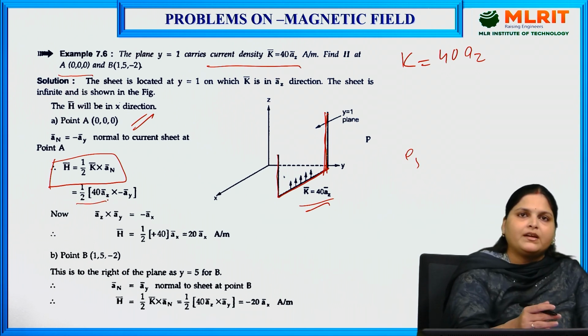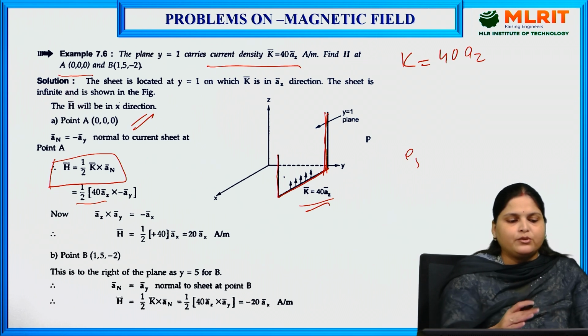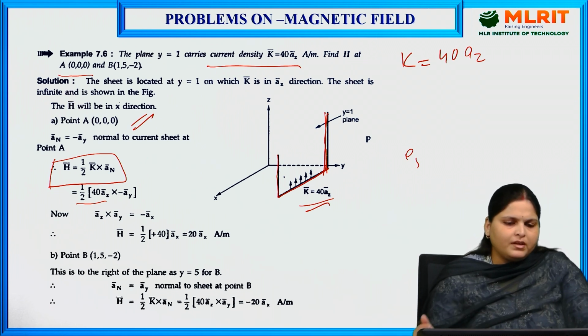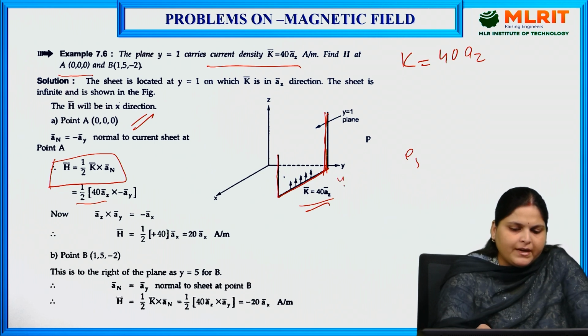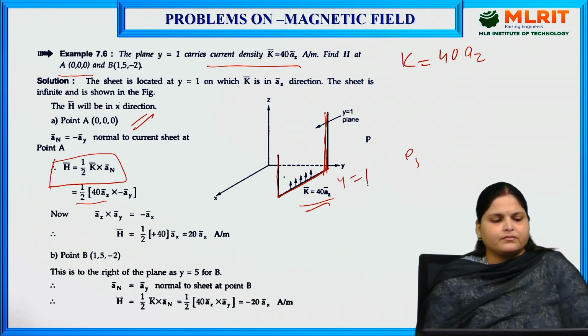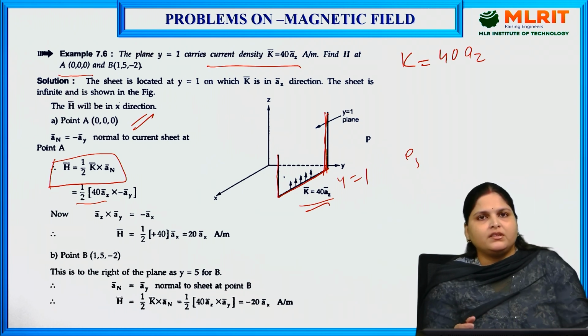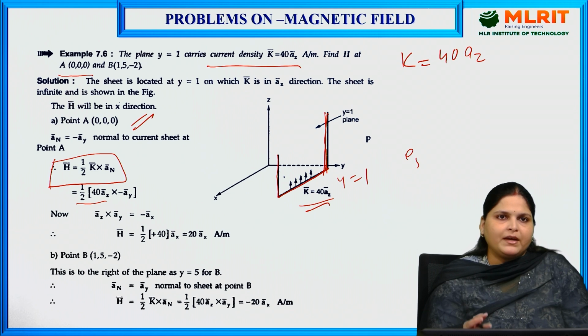Here, when we are calculating surface charge densities, we need to take care of the direction, right? So this sheet is available at y equals 1, and we need to find the field at 0, 0, 0. This means the point where we are finding the field is on the left side of y, in the negative direction.